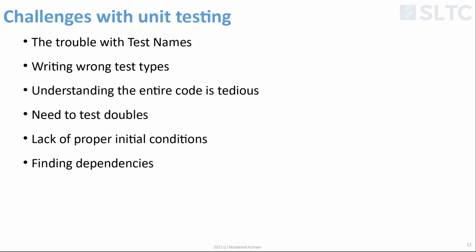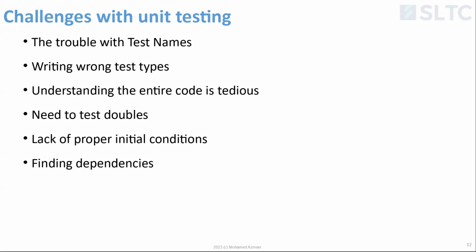Okay. And the next is lack of proper initial conditions. What does that mean? Initial condition is where when you start the program, there are certain default variables. If it is like a login system, a default person logged in or not logged in. Are you showing, let's say, a login screen? So, things like that.